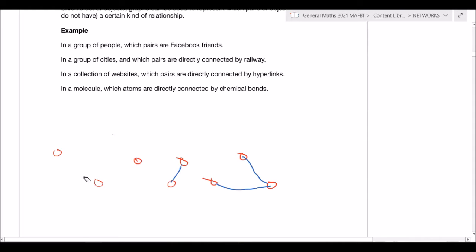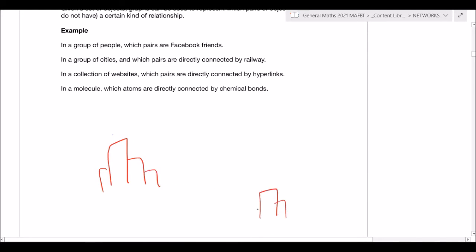It could be, in a group of cities, which pairs are directly connected by a railway. So say, for example, you have a bunch of cities, another city here, maybe another city over here. Where are the railways connected?